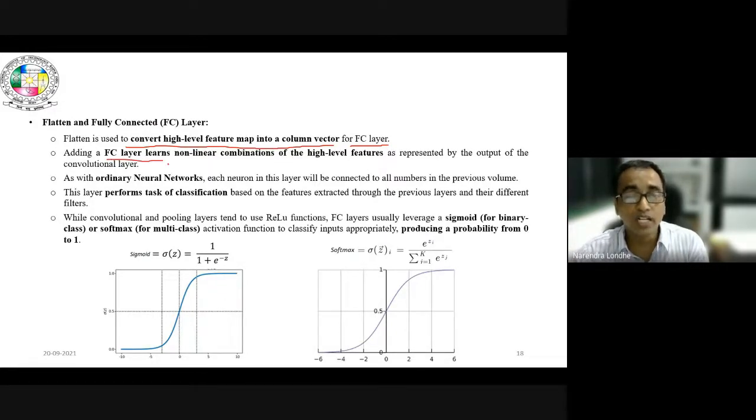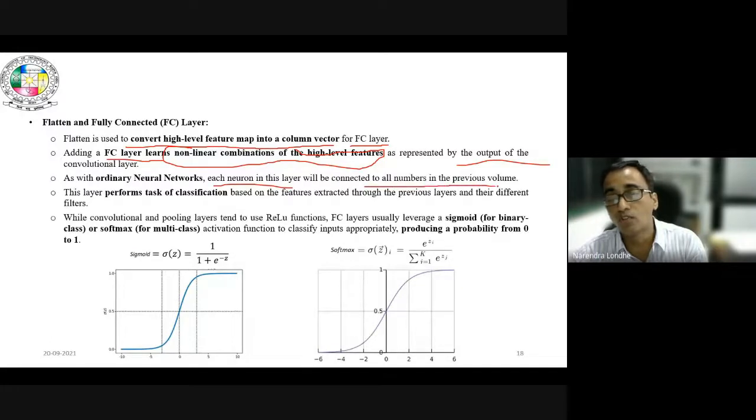The fully connected layer learns the non-linear combinations of the high-level features as represented by the output of the convolutional layers. Like any ordinary neural network, each neuron in this layer is connected to all the neurons in the previous volume.